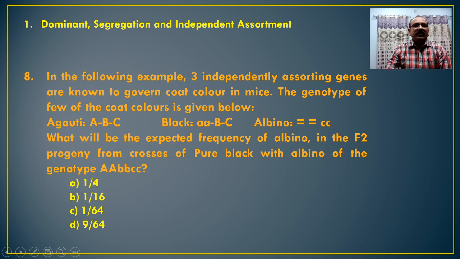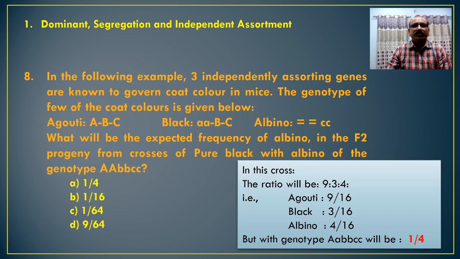Now, in the following example, three independently assorting genes are known to govern coat color in mice. The genotypes of a few of the coat colors are given below: agouti, black and albino. What will be the expected frequency of albino in the F2 progeny from a cross of pure black with albino of this genotype? If you see this, you will find the ratio 9:3:4.